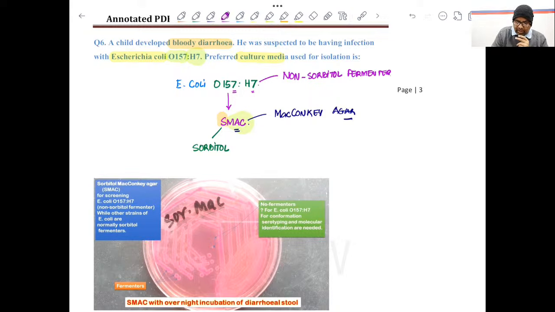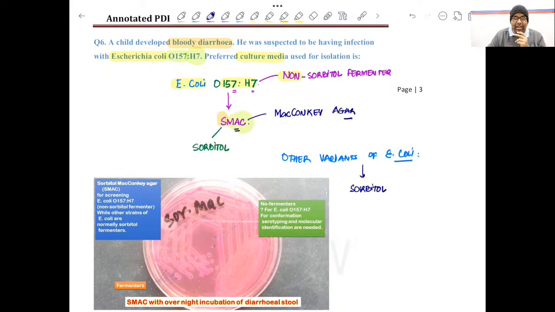So this variant of E. coli is a non-sorbitol fermenter, but other variants of E. coli are sorbitol fermenters. So this is how we can differentiate whether in the stool sample it is E. coli 0157 H7.